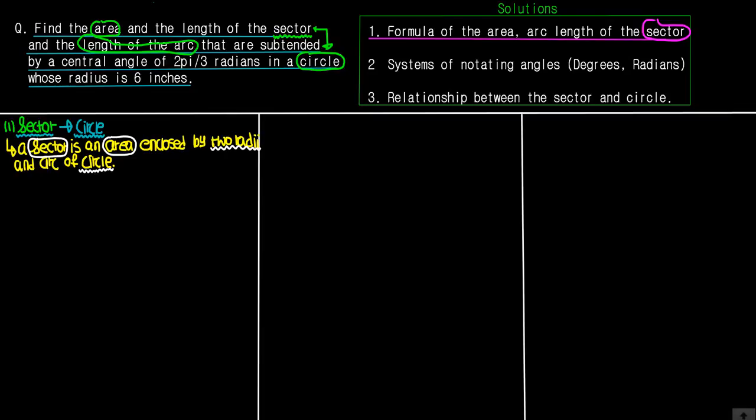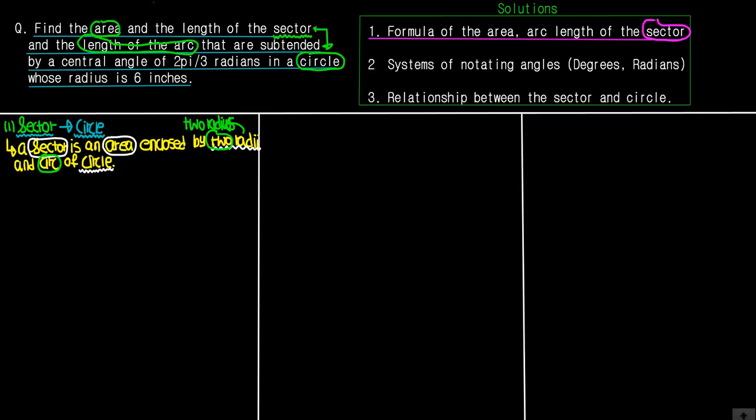If you don't know what radii is, it is a plural form, which means there is more than 1, so there can be 2, 3, or 4. There are totally 2 radii here, which means 2 radius, and the arc of our circle.